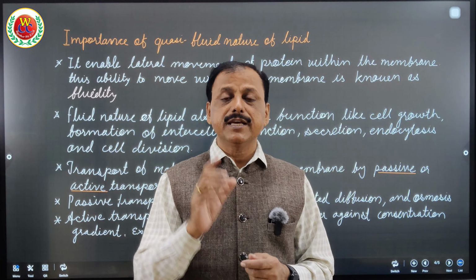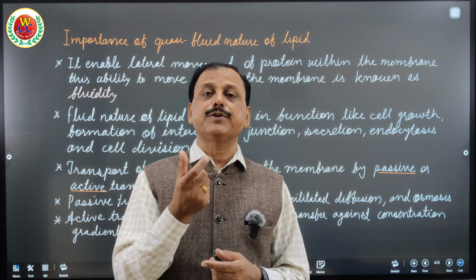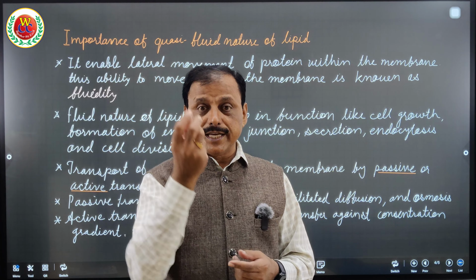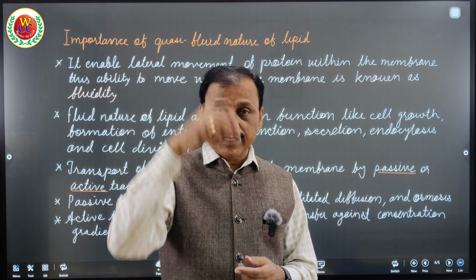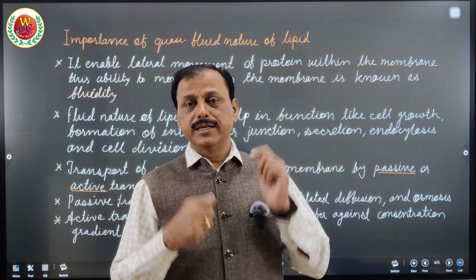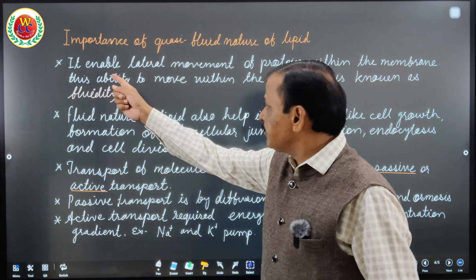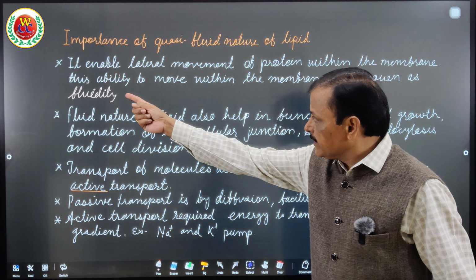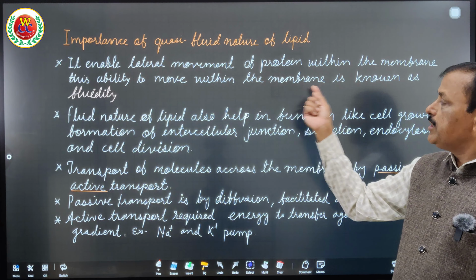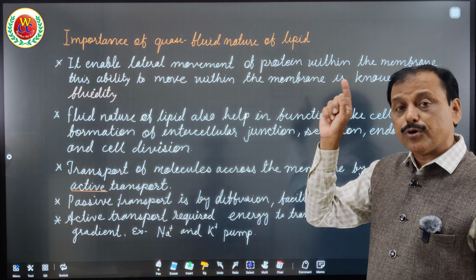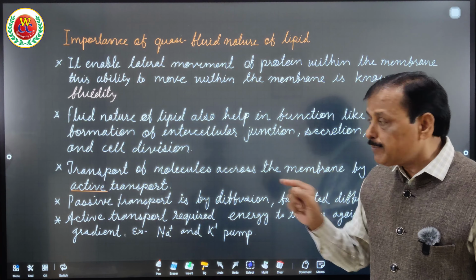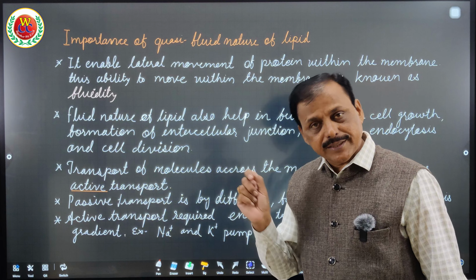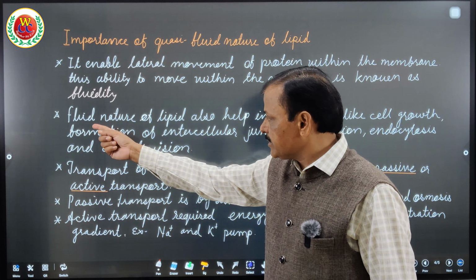The importance of lipid is that it provides movement of protein within the membrane, to receive and deliver content from outside to inside, and that is influx. Therefore, it enables lateral movement of protein within the membrane. This ability of protein to move within the membrane is called fluidity, and therefore it helps in easy transport.